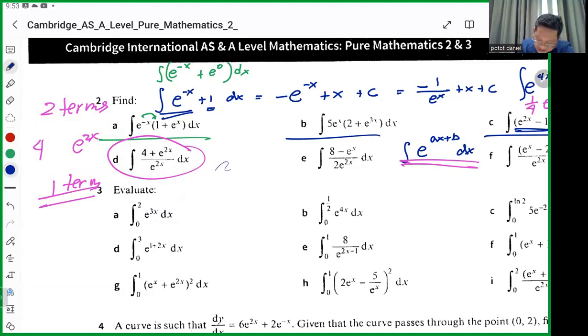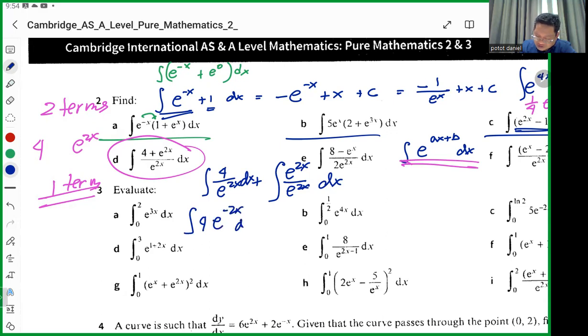So that's going to be the integral of 4 over e to the 2x, plus the integral of e to the 2x over e to the 2x dx, and this is also dx. Again, I just split it like that, but you have an option whether to split it or not. So this is now the integral of 4e to the negative 2x dx plus the integral of 1 dx.